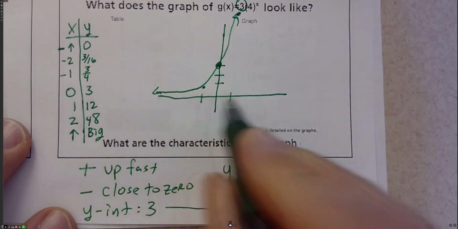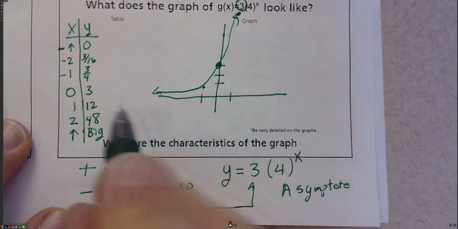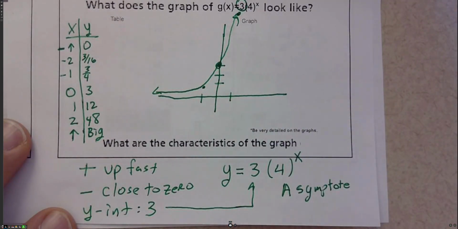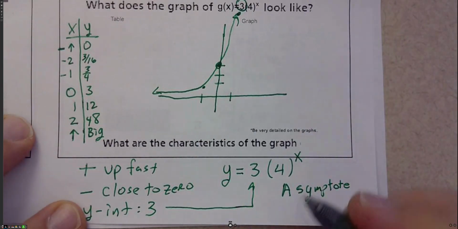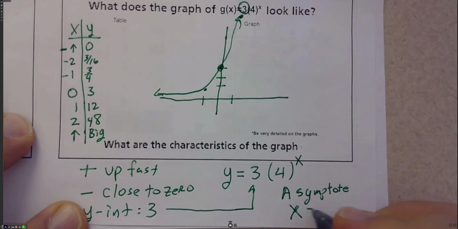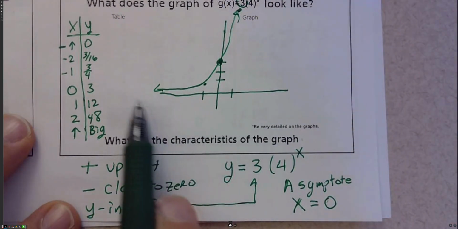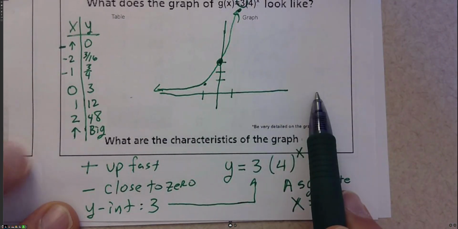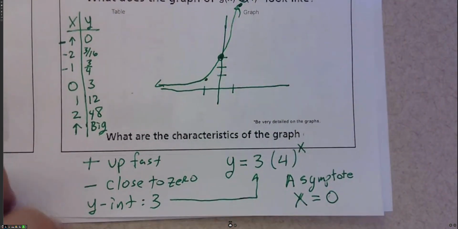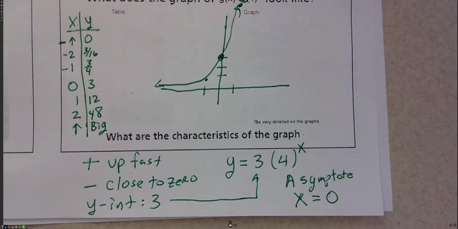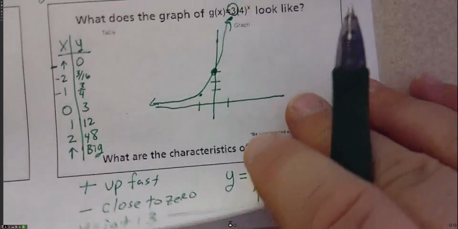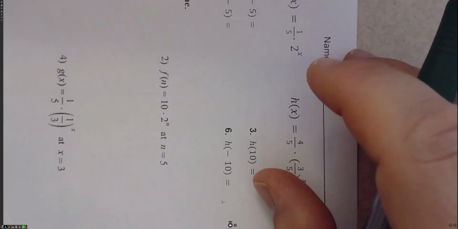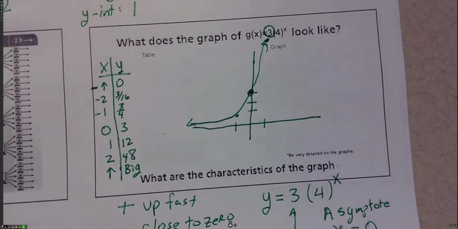You're right, it's 0, but what's 0? So it's x equals 0. That's my asymptote at x equals 0. Is that how it's going to be for everyone? Yeah, for now, I think. So let's go to the next page.